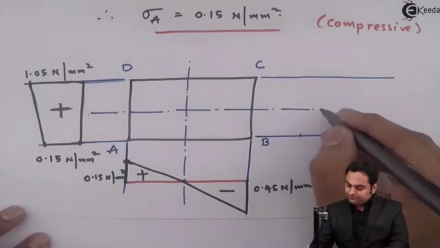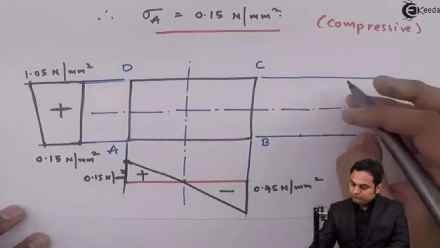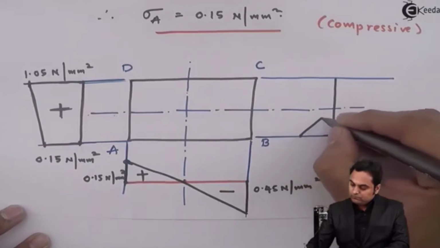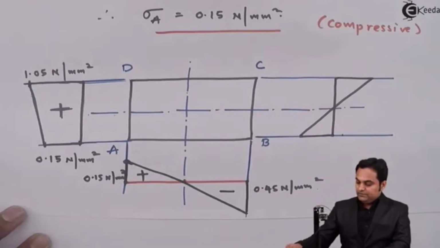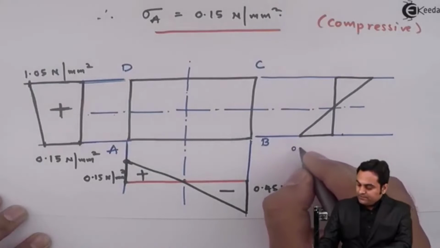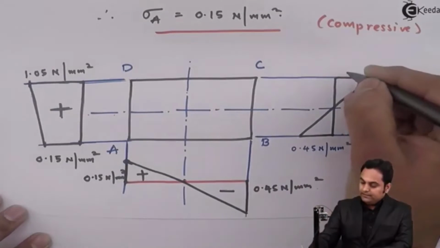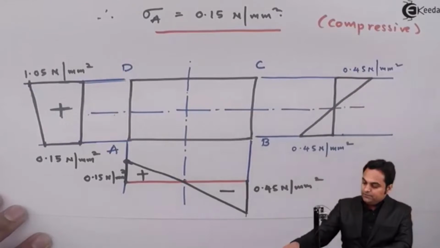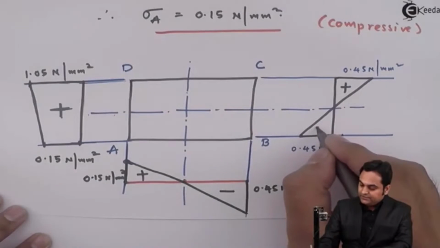So again the nature would be like this. That is, at B the stress is minus 0.45 Newton per mm square and at C it is plus 0.45 Newton per mm square. It means at C there is compression, at B there is tension.